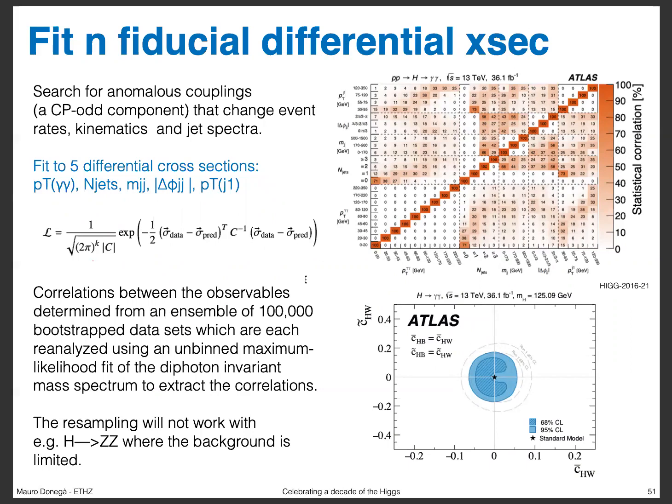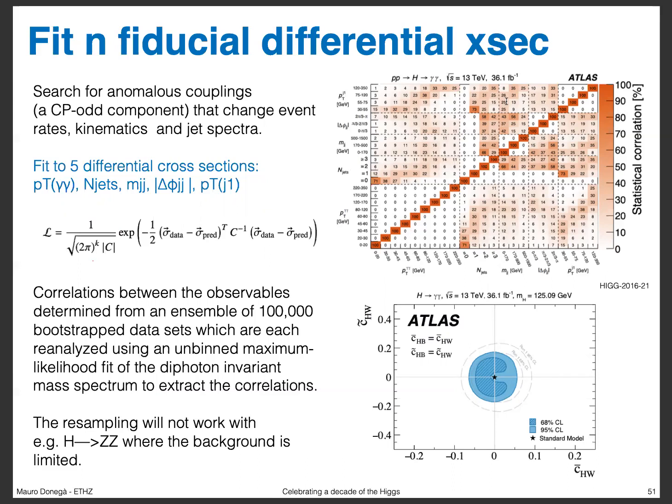They can do this in H to gamma gamma because they can work out the correlation between these measurements, essentially working out the covariance matrix, by resampling the data, producing the correlation matrix that you see on this side here.